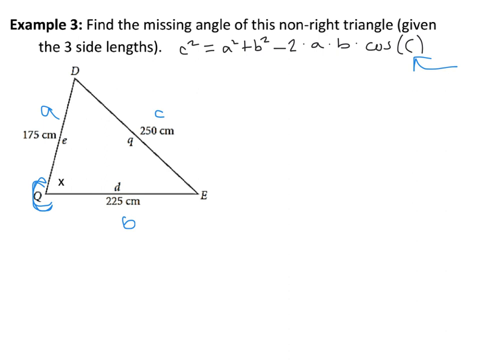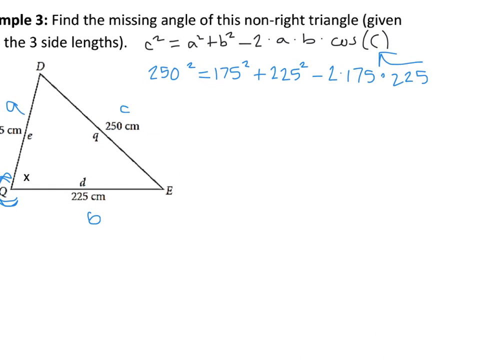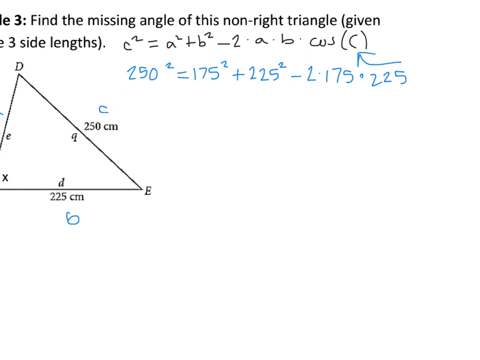So 250 squared equals a, which is 175, squared plus b, which is 225, squared minus 2 times a, which is 175, times b, which is 225, times the cosine of C, which we don't know.